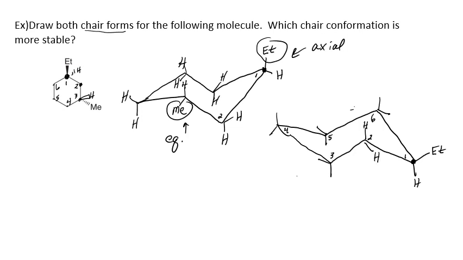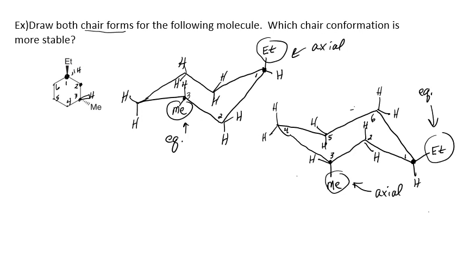Carbon 3, with my methyl, there's carbon 3. We see that the hydrogen's on the top face of the ring, and the methyl is on the bottom face. And the rest of the carbons just have hydrogen substituents. Okay, so in this chair version, I've got an ethyl group in the equatorial position, and a methyl group in the axial.